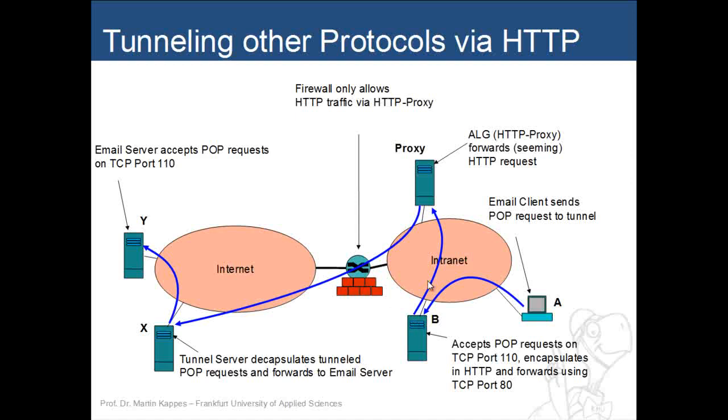So B will send the traffic to the application level gateway, the HTTP proxy here, and that proxy will inspect the HTTP request which was sent, but that looks fine.